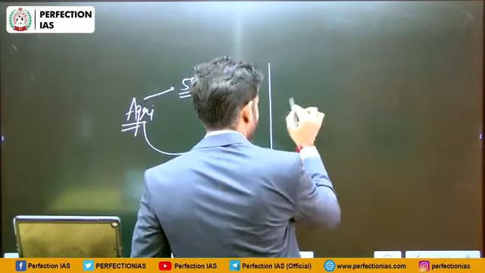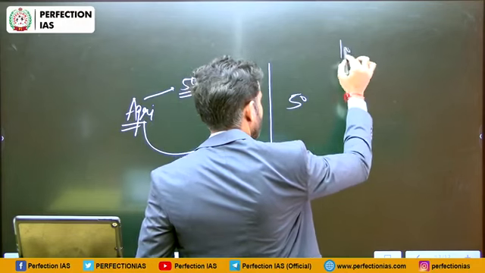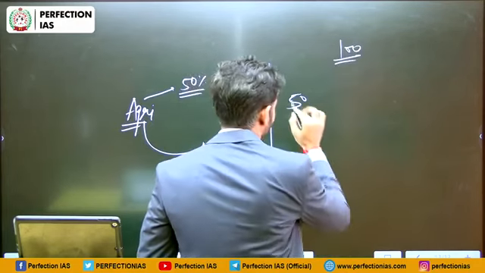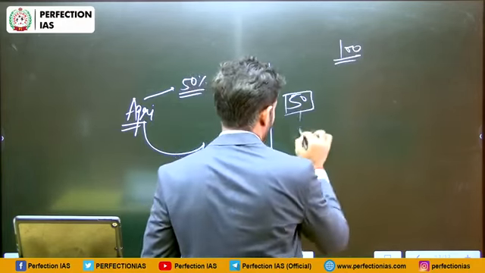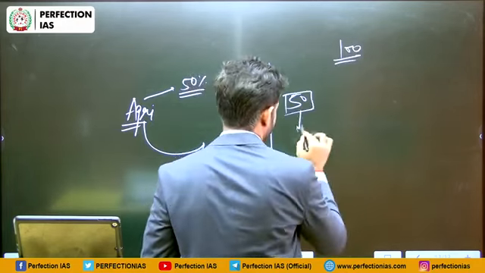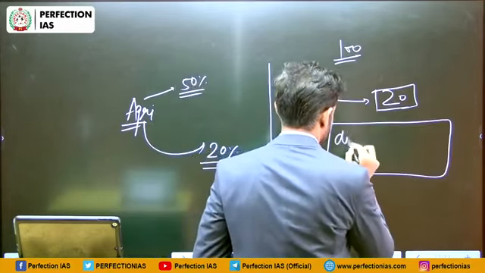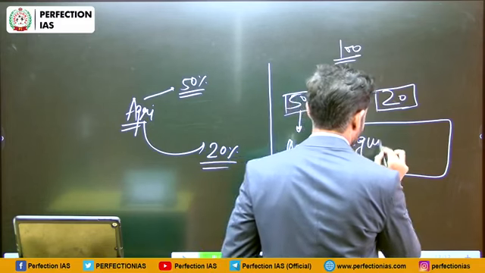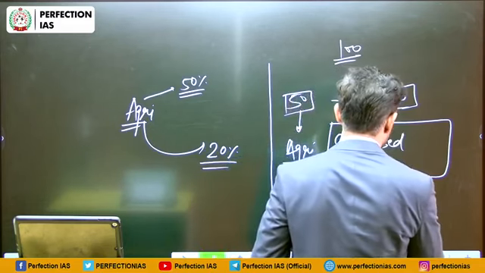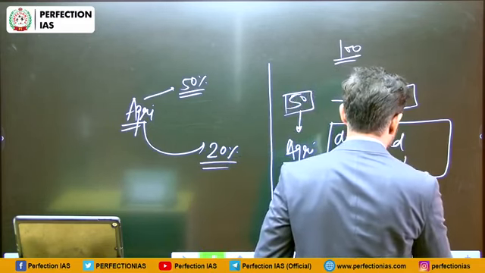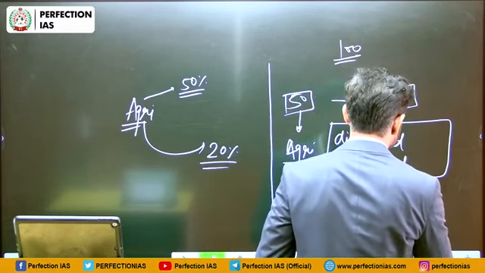So if we assume the total population of our country is 100, more than 50 are engaged in agriculture sector, and they are contributing only 20 or even less than 20 if we talk about updated data. So that is how this is showing disguised unemployment.